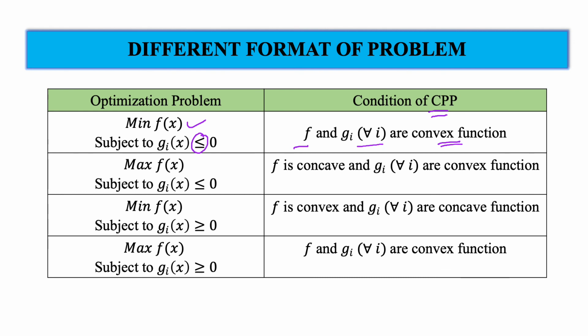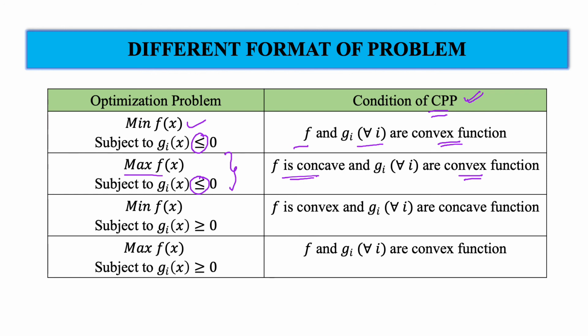Now the second condition is, suppose my function is of maximization type and my constraints are less than equals to, then this problem will be a convex programming problem if the objective function is concave and constraints are convex functions.